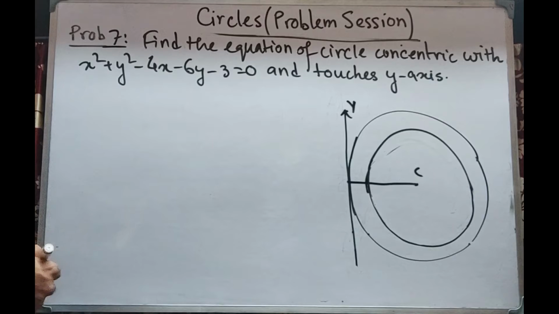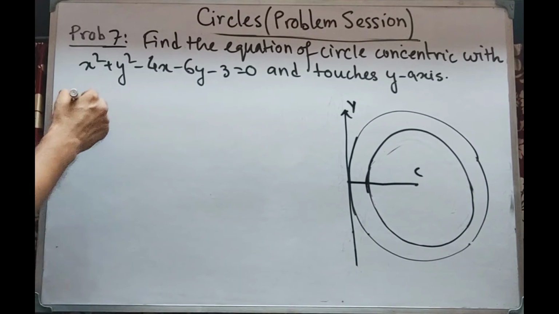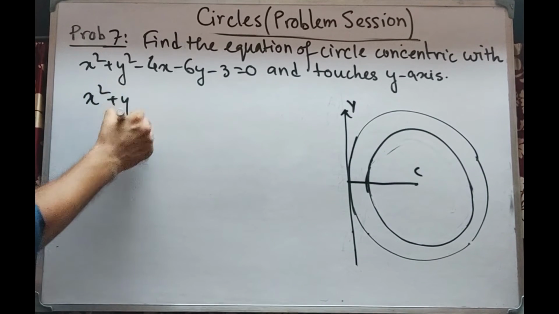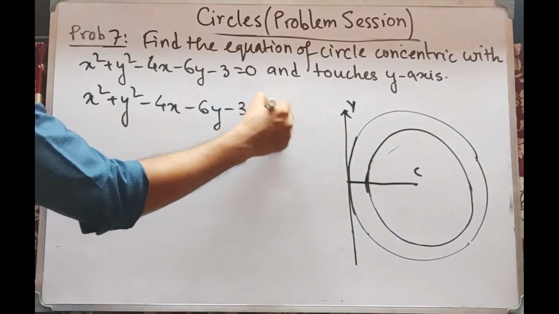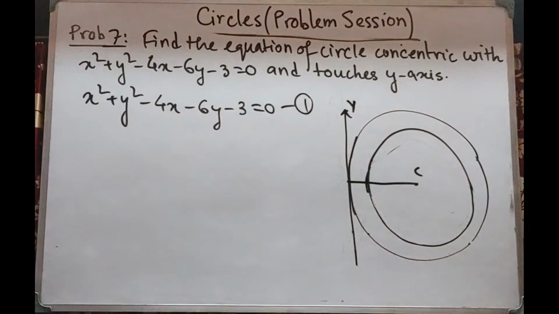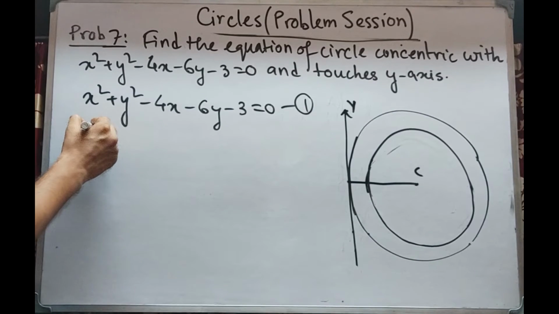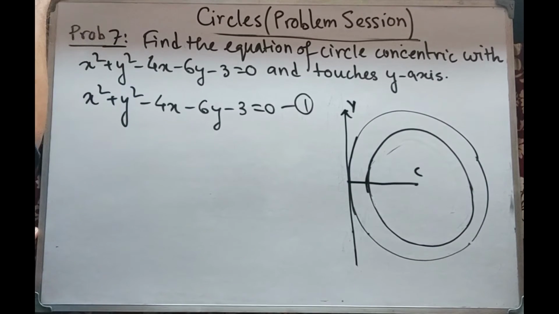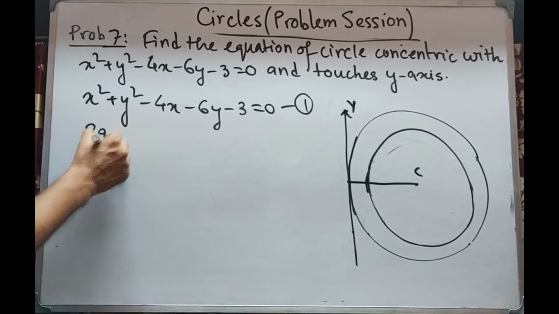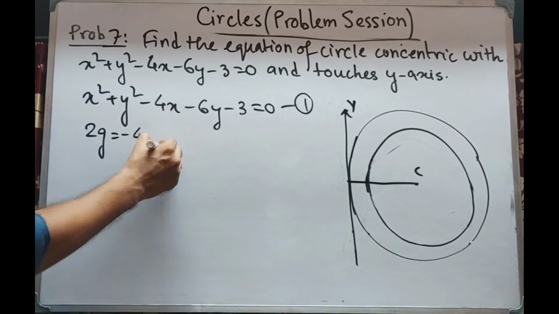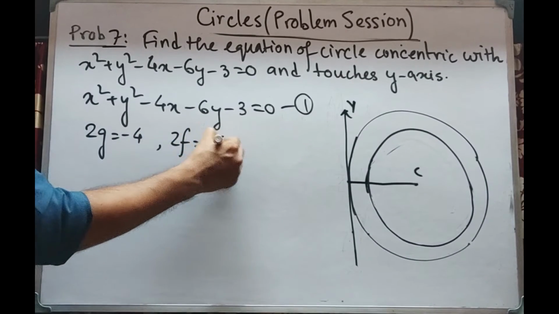So here we can start with this. We can write the equation here. This is our first equation, and from here we can find the center of the circle. So here, if you compare it with the general equation, then you can say that 2g is equal to minus 4, and 2f is equal to minus 6.